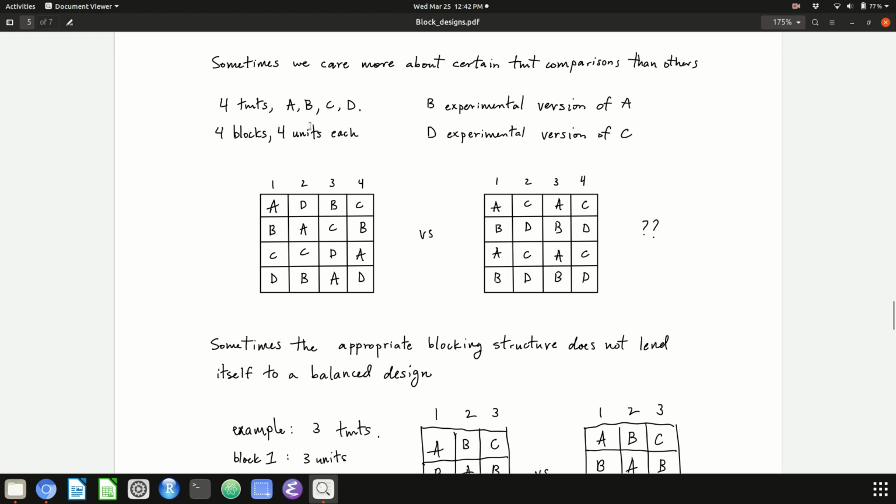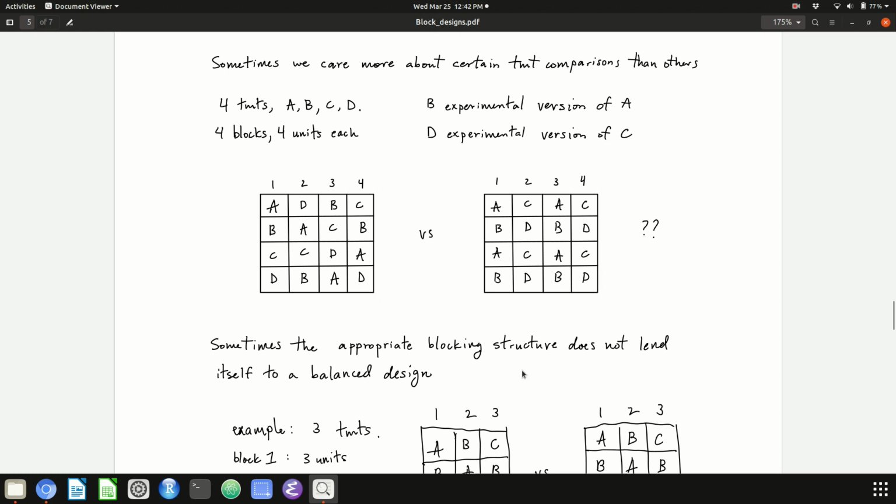So because you have 4 treatments, 4 blocks, 4 units each, you could do a complete block design. But if you really cared more about this comparison between A and B and the comparison between C and D, then you might prefer to do a design like this, where A and B appear together twice in this block and twice in this block, but you never see, for example, A and D together in the same block.